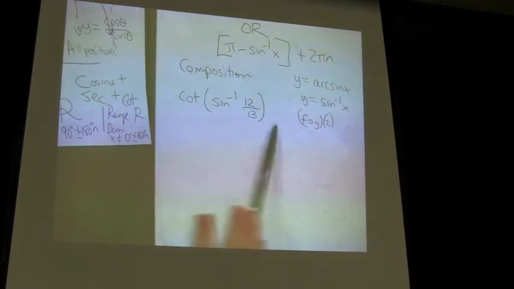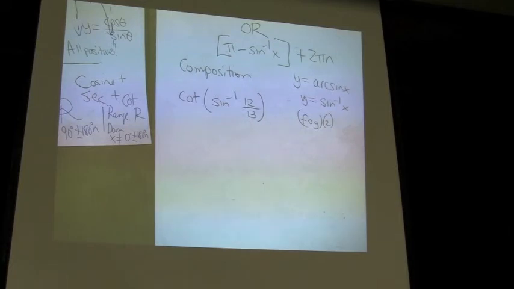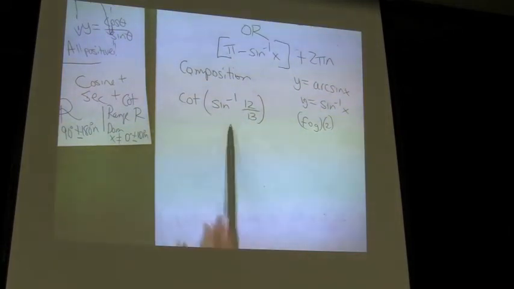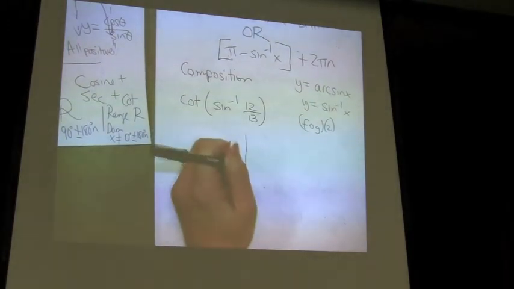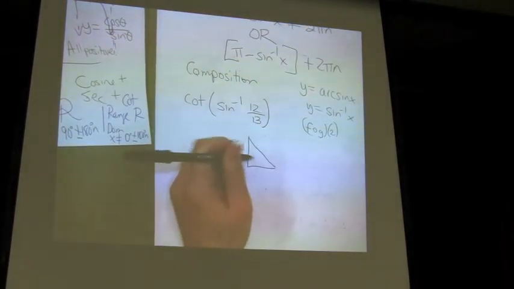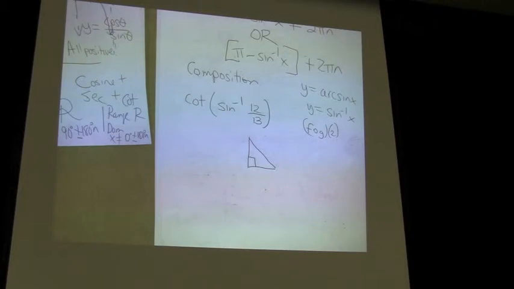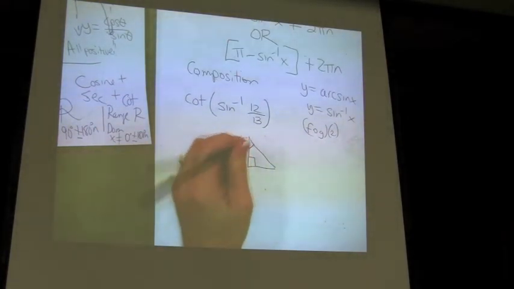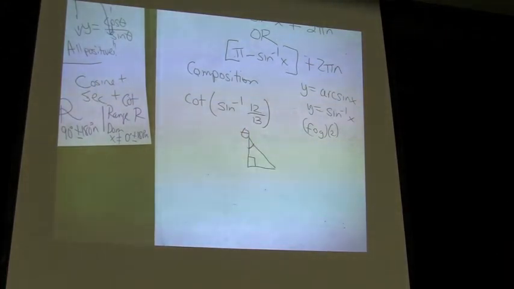And the best thing to do to figure out a problem like this is to draw a triangle. So, draw a triangle. Choose an angle to be the angle you're talking about. And we want sine of this angle to be 12/13.